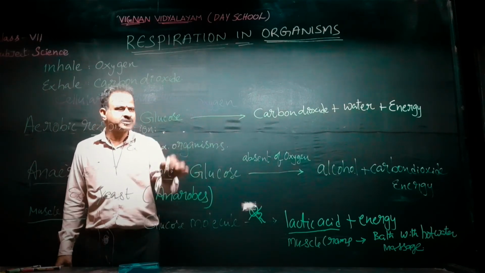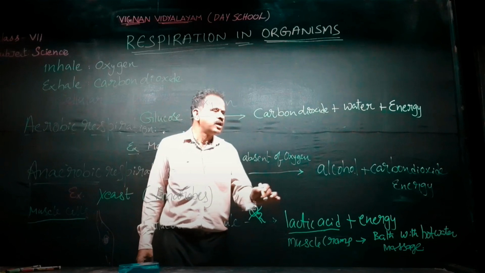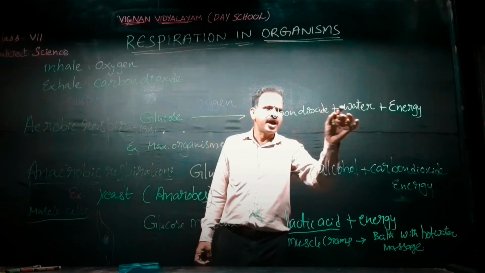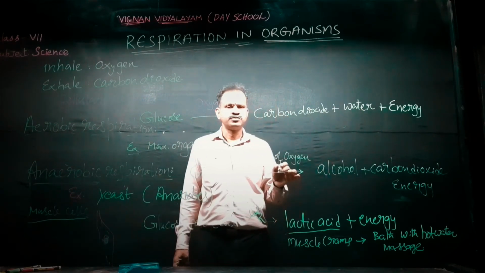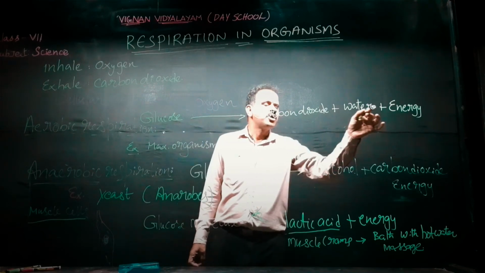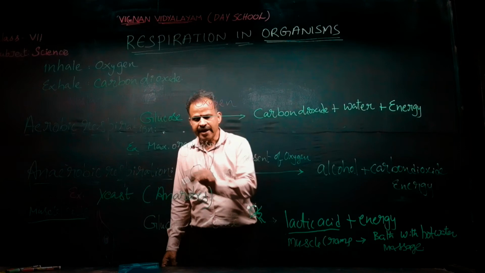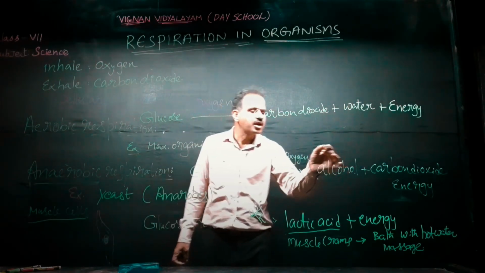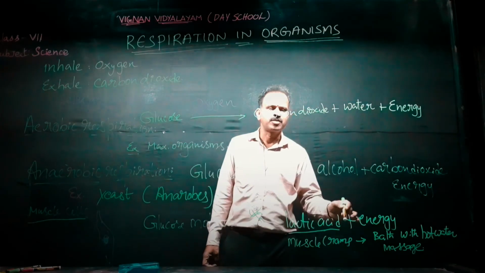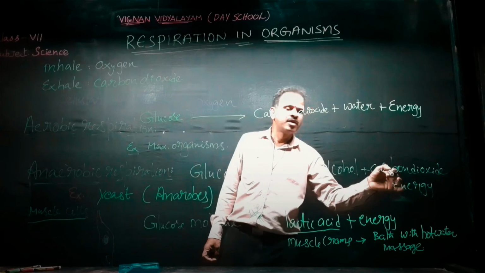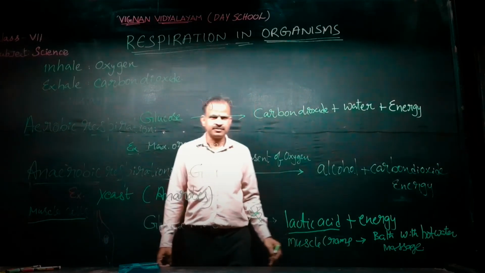In aerobic respiration, carbon dioxide and water are formed and a large amount of energy is evolved. In anaerobic respiration, alcohol and carbon dioxide are formed, and very little energy is evolved.